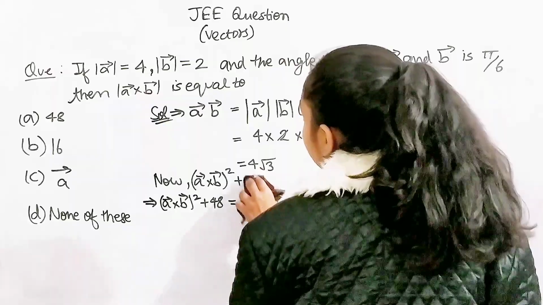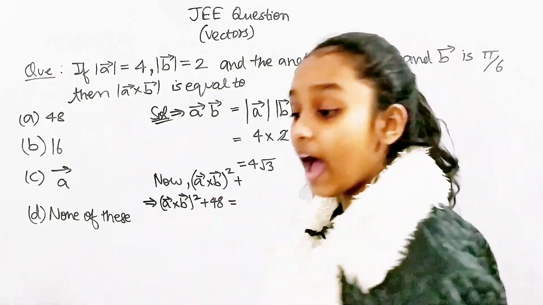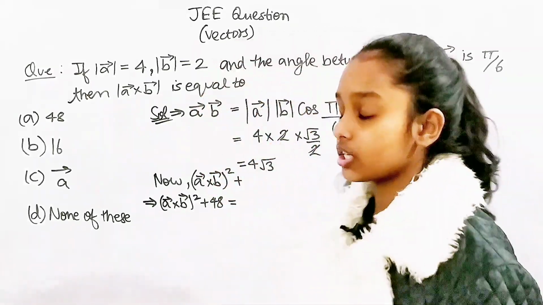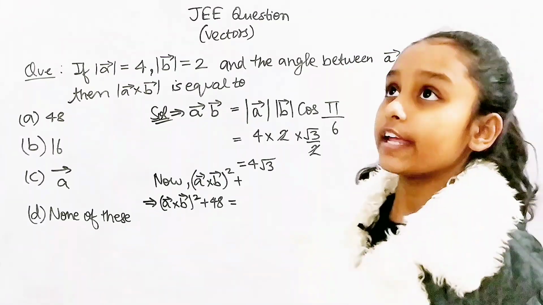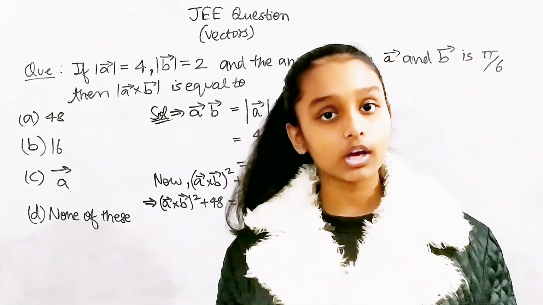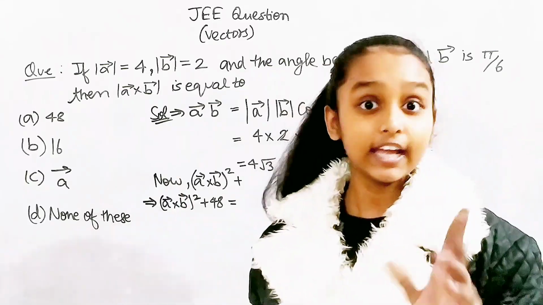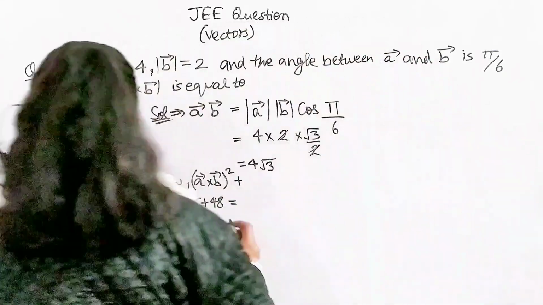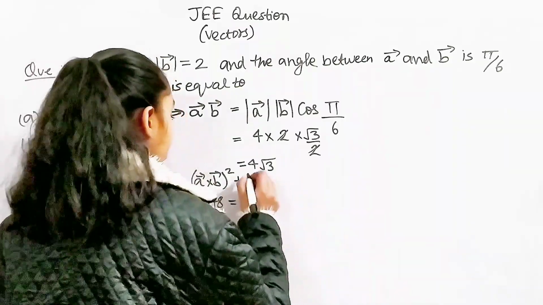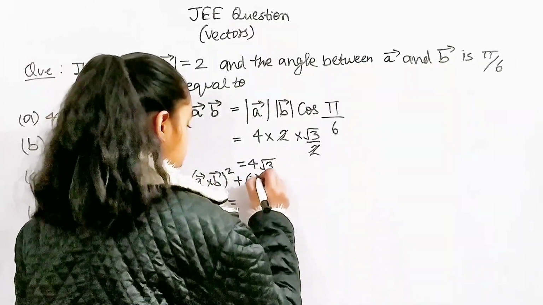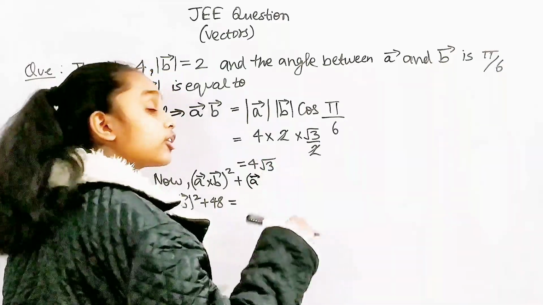One thing I want to tell you, I hope you haven't forgotten it. You know about the cross product, but do you also know about this dot product? If yes, then it's really fine for us. So I'm going to use dot here, okay? You'll understand it later.